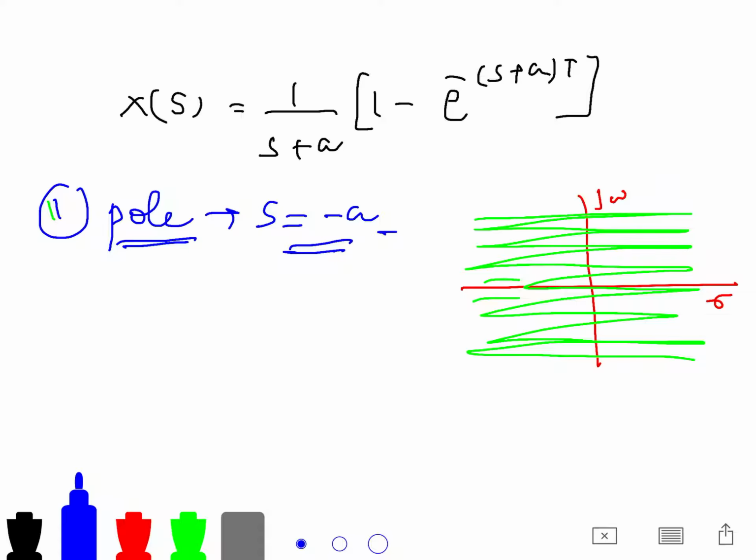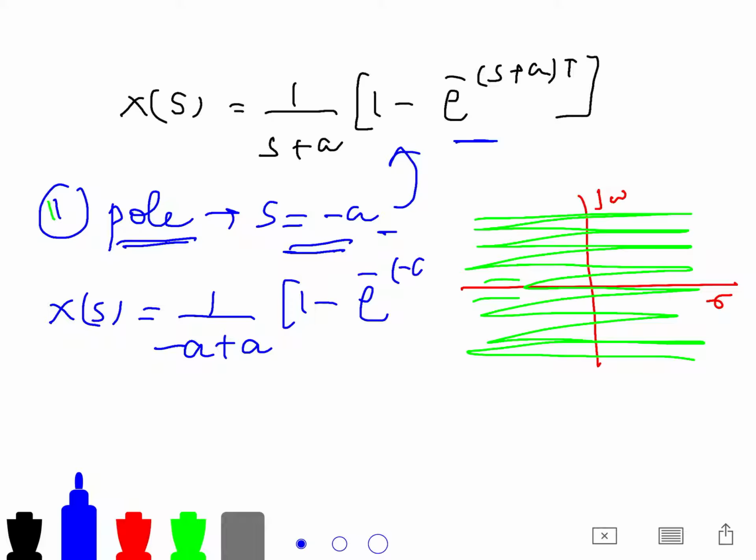For that, put this value of s into this. Then X(s) equals 1 upon minus a plus a, times 1 minus e to the power minus (minus a plus a) T. It comes out to be 0 upon 0, which is an indeterminate state.